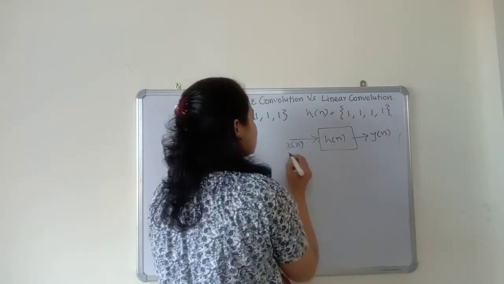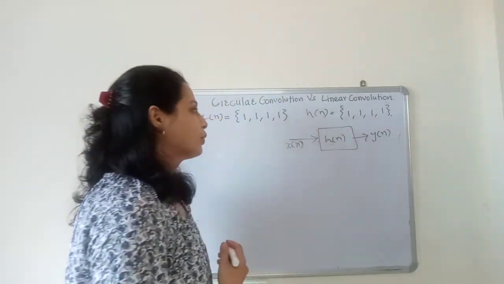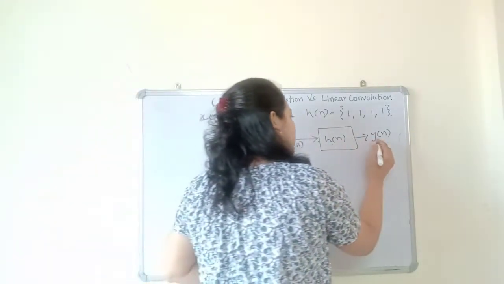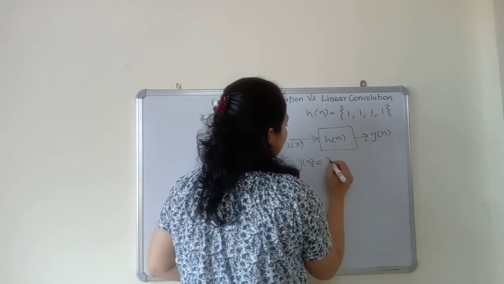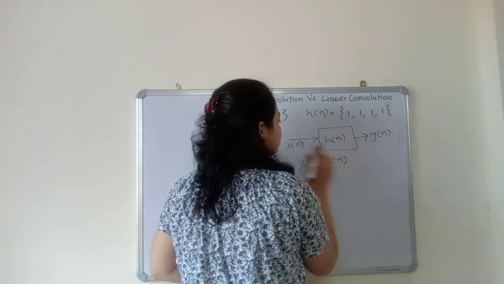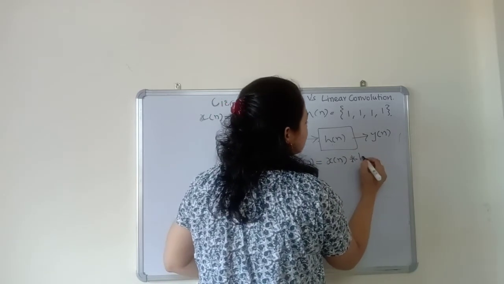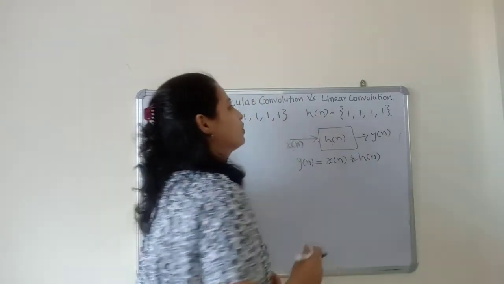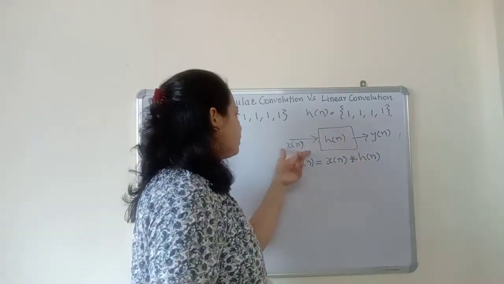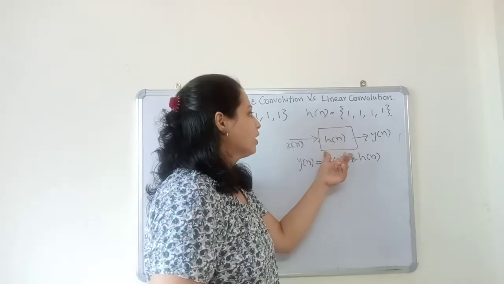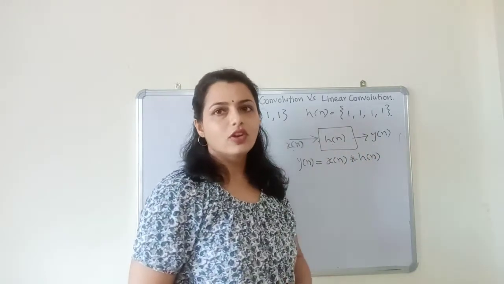So this is the impulse response, this is the input. Whatever output we are getting here, y of n, is called the convolution of the input sequence with the impulse response. So this is a practical operation where you give an input to a system and at the output you get linear convolution.